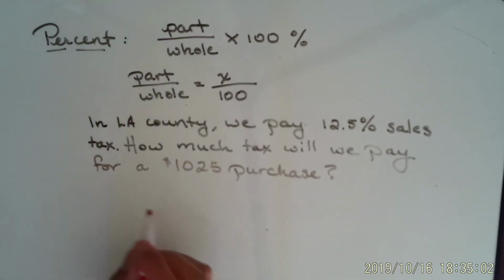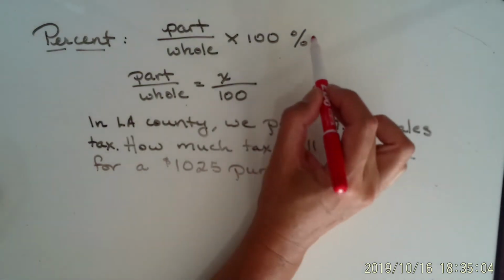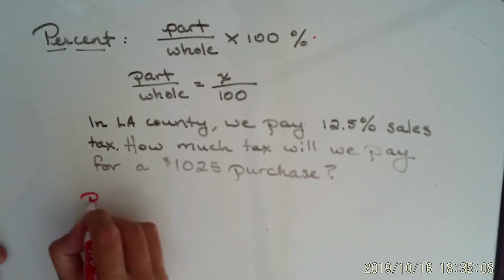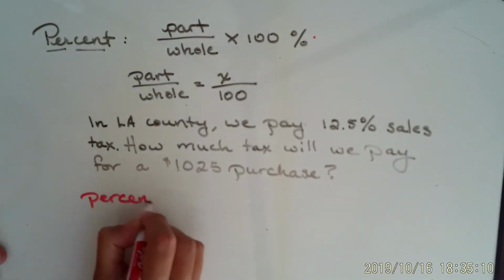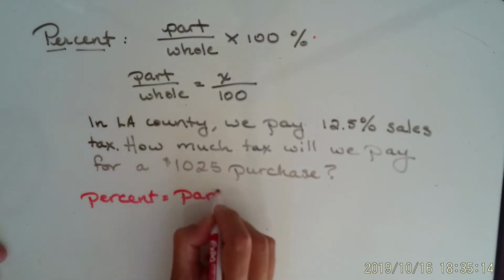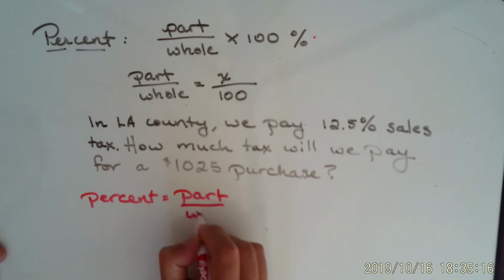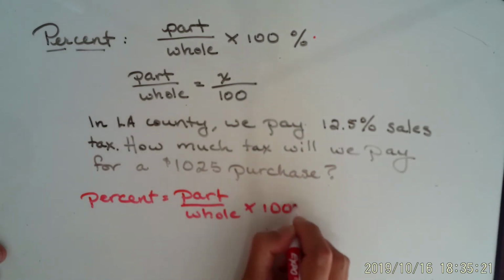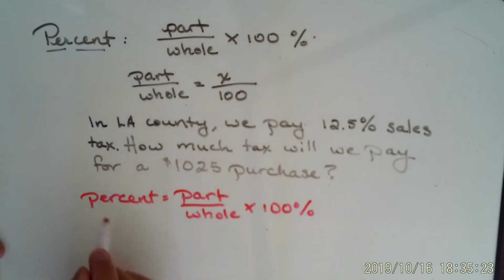First, we know that percent is equal to part over whole times 100%. And from what we're given, this is equal to 12.5%.